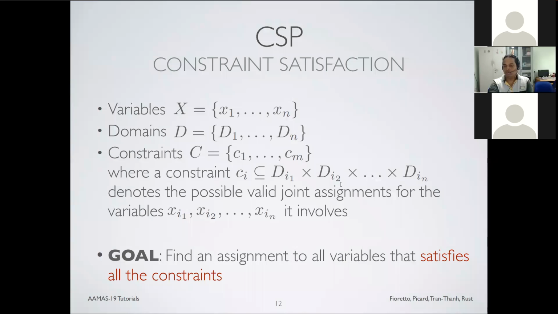If we formally write the constraint satisfaction problem: a set of variables, x1, x2, x3; domains d1, d2, d3, any number of domains; and constraints, where the constraint Ci can be the cross product of the domain values, denoting the possible valid joint assignments for the variables. The goal: find an assignment to all variables that satisfies all the constraints.